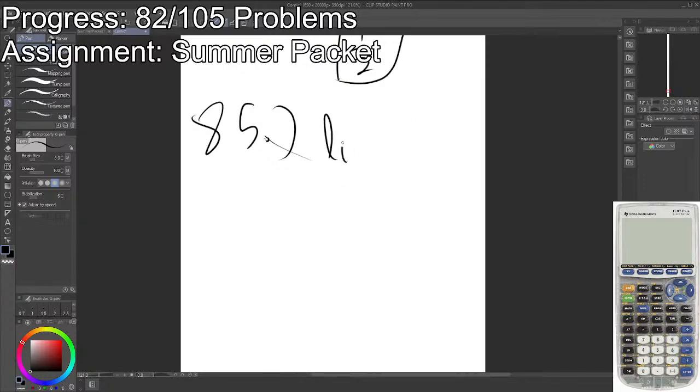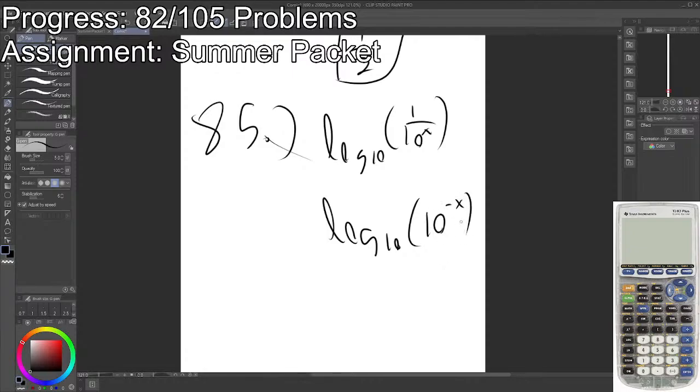85. Log base 10. That. Okay. Well, you could rewrite that as like 10 negative x, right?